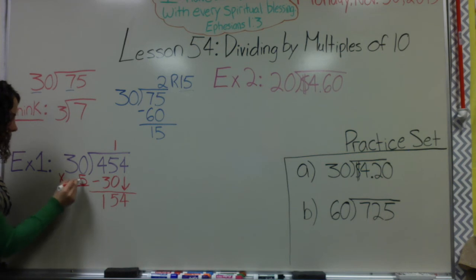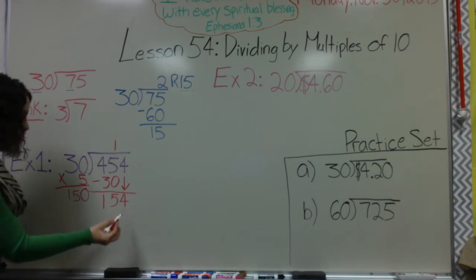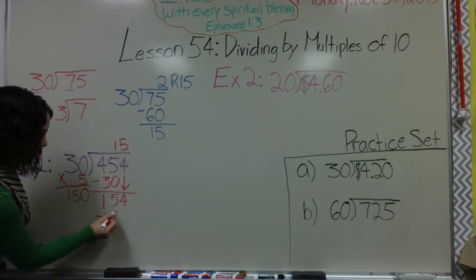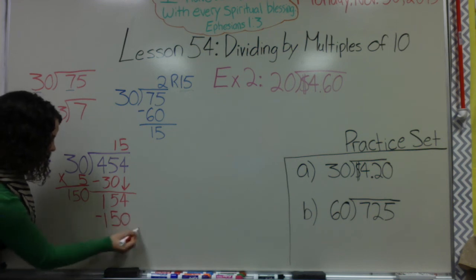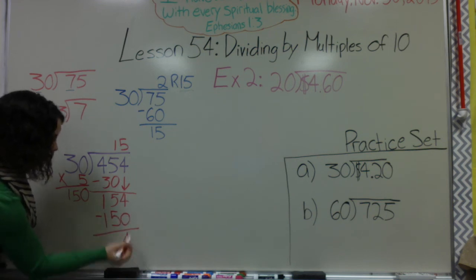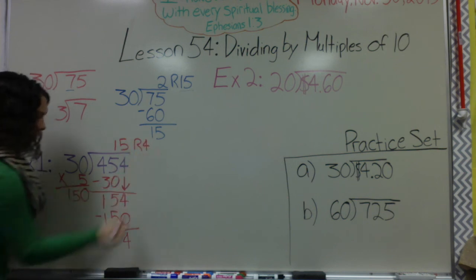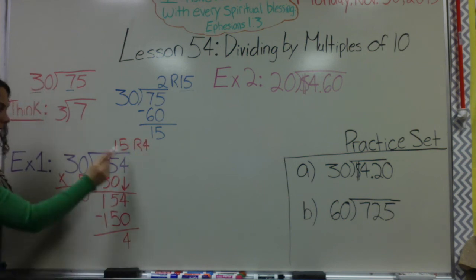That's 0, and that's 15. 150. 30 goes into 154 a total of 5 times, minus 150, and my remainder is 4. That's what I have left over when I don't have any more digits to bring down.